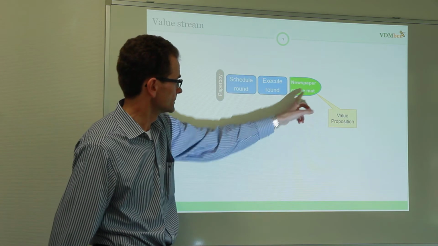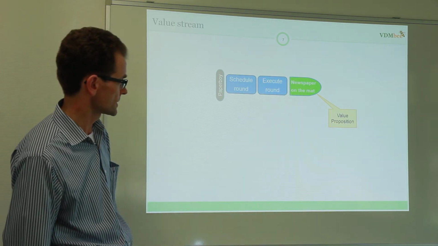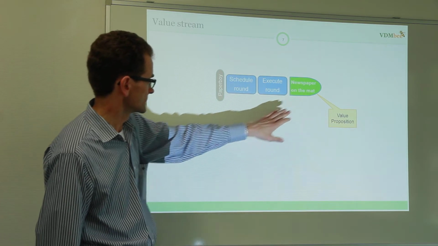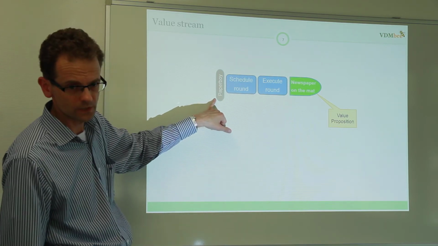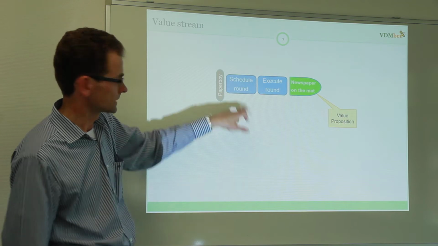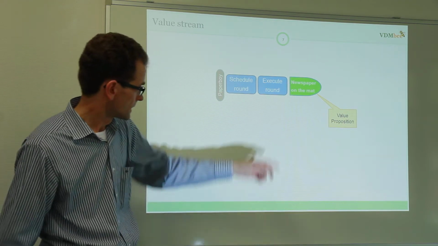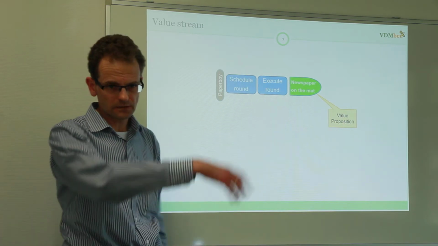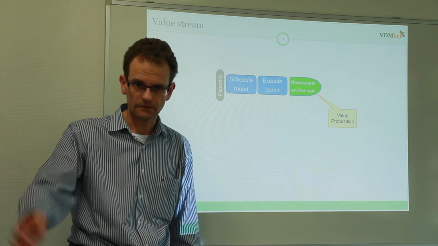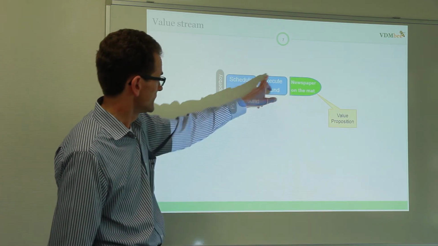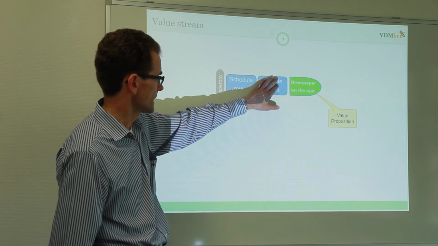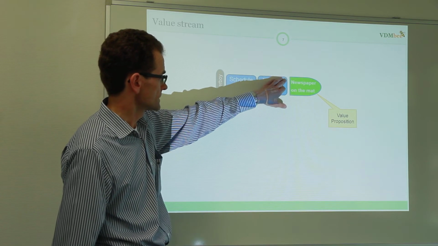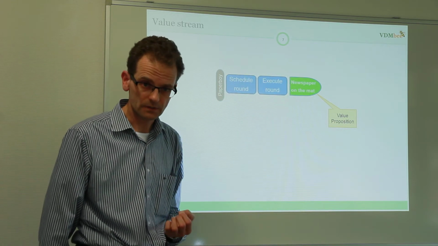So here you have the newspaper on the mat proposition, which is the result of two activities performed in this case by the paperboy himself. One is scale around, which is about some coordination work, and the other is execute around. It's about pedaling around and actually distributing the newspapers. And this execute round will create a value, which is the availability of the paperboy.